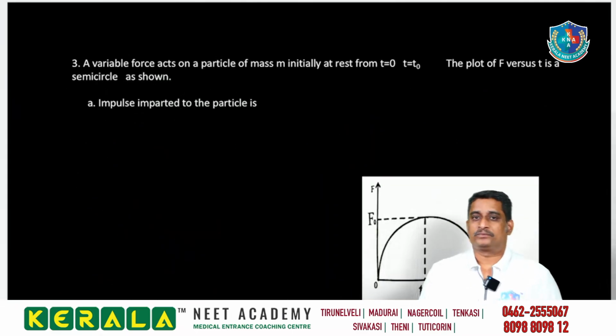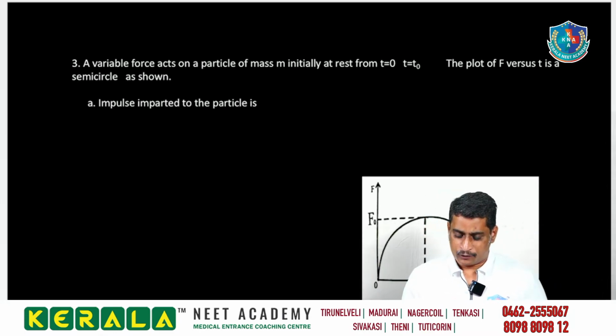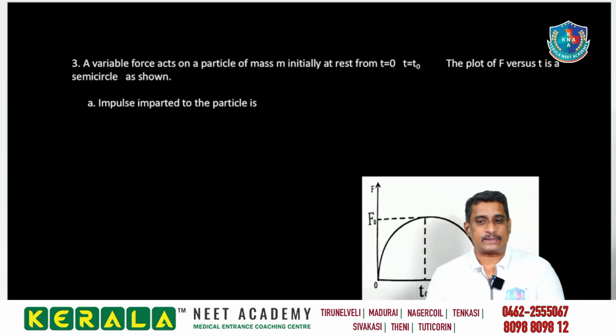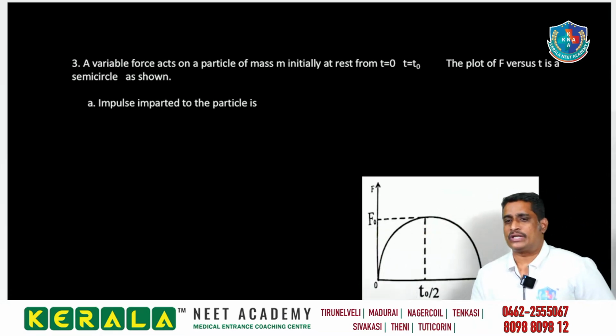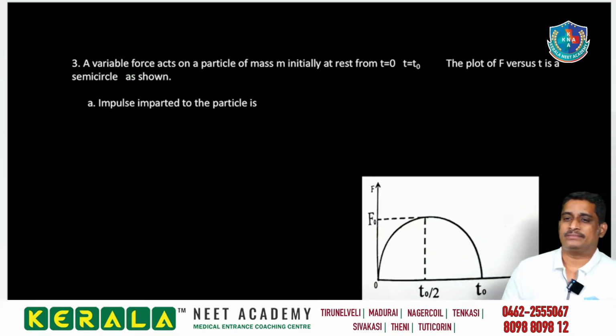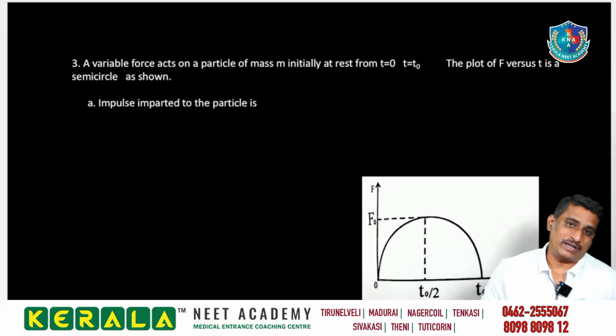Look at this question. This particular question is based on the concept of what we call impulse. Here it is given a graphical representation between force and time interval. We know that the area under force-time graph represents change in momentum of the particle or impulse imparted to the particle.